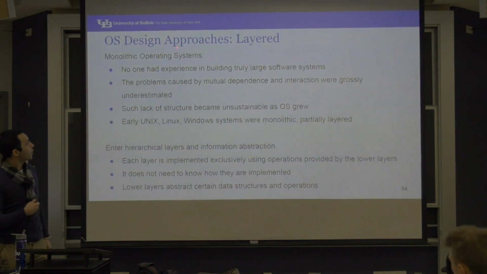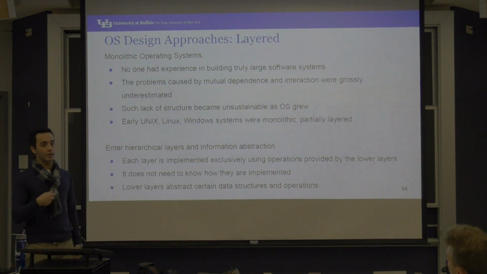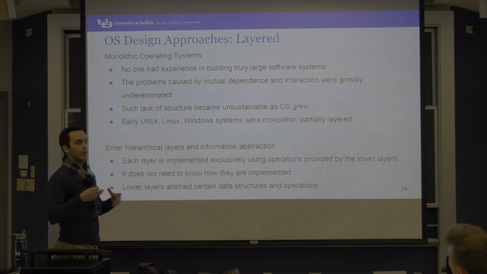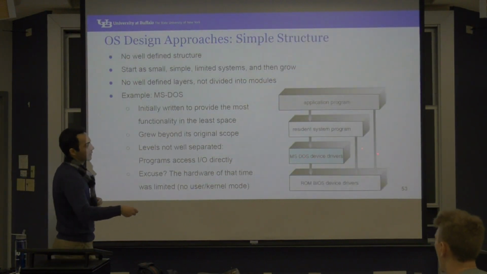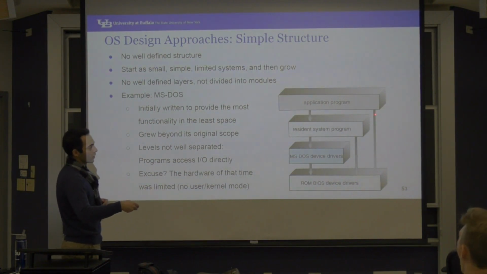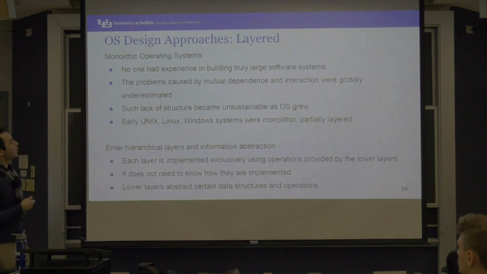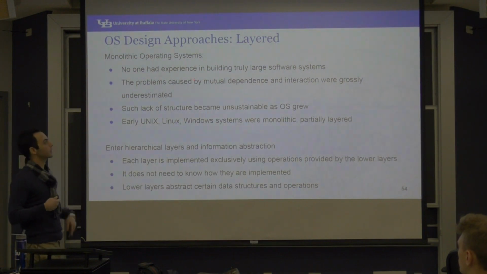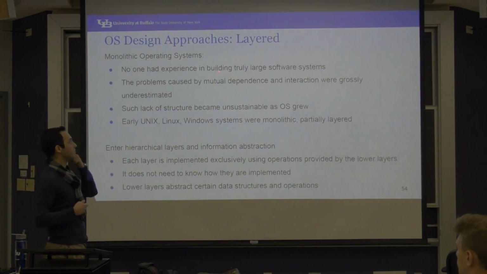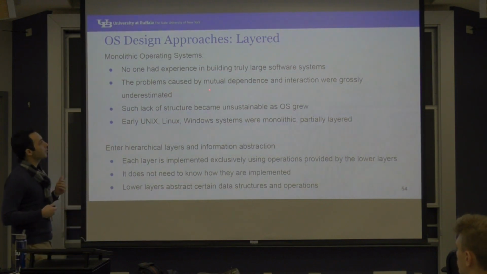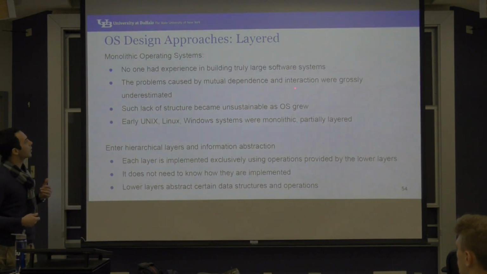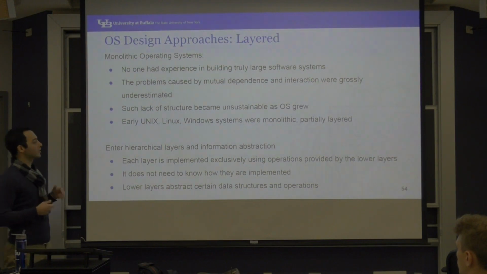So when we decided to go to layered, they decided to basically separate and make different layers, so it doesn't actually go around the OS and then access the hardware directly, right? They wanted it to be a separate layer. So the monolithic operating systems, they did not initially have the experience of building large operating systems, and the problems caused by mutual dependence and interactions were grossly underestimated.